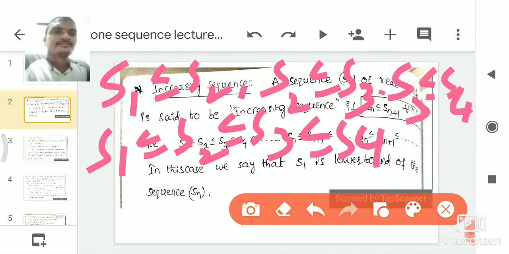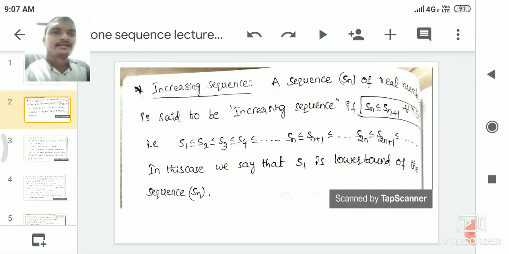Continuing these terms, the condition can be written as S1 is less than or equal to S2 is less than or equal to S3 is less than or equal to dash dash Sn is less than or equal to Sn plus 1. After the n plus 1 term of the sequence, we have the n plus 2 term, n plus 3 term, n plus 4 term, up to n plus n terms, which is nothing but the S2n term.